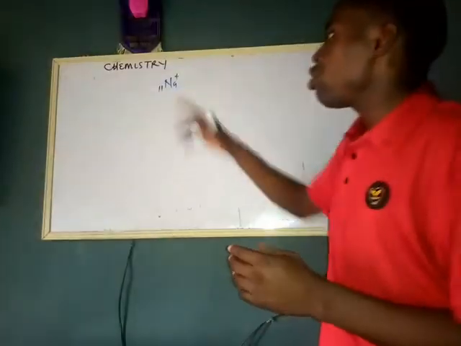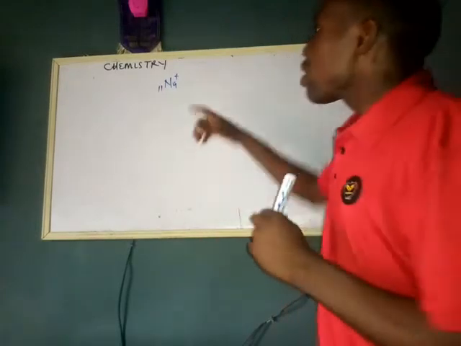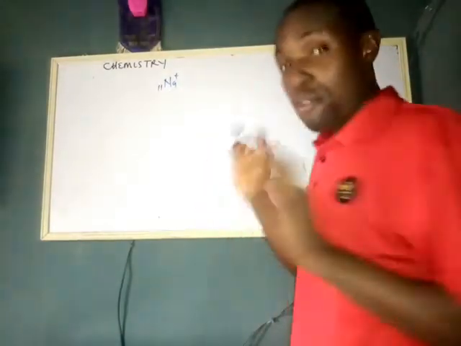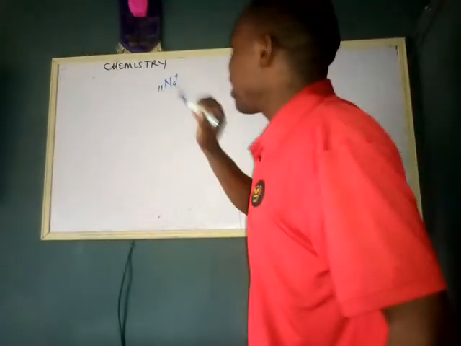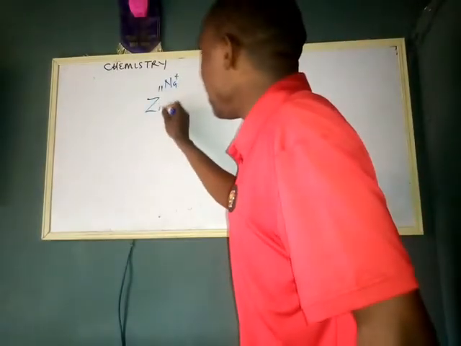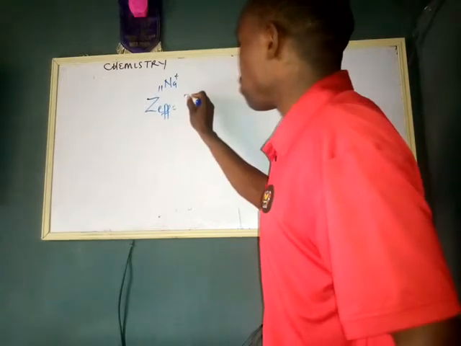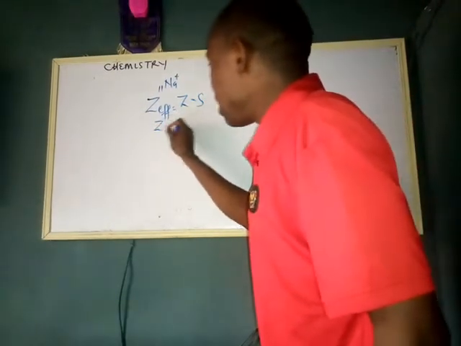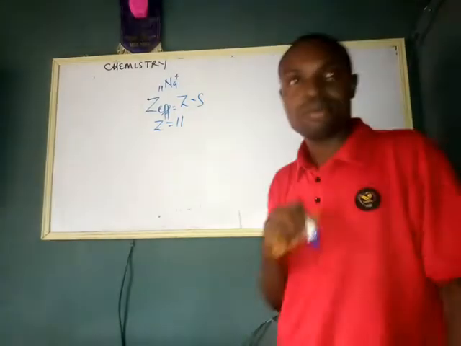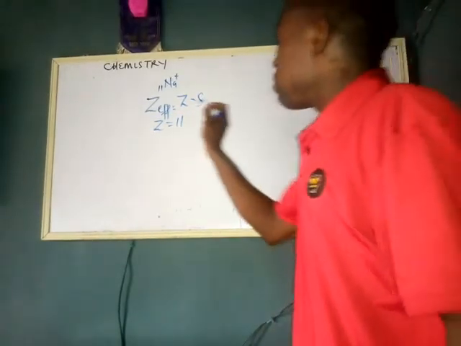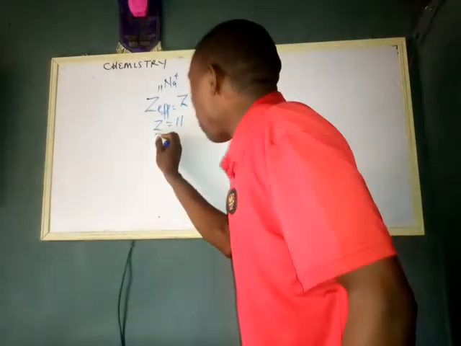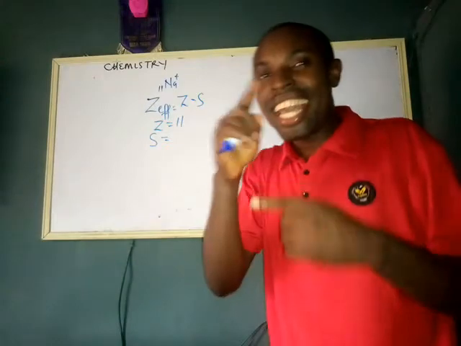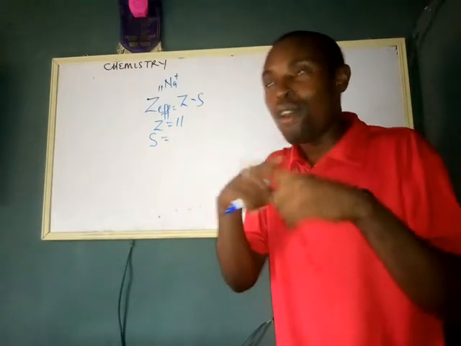Next one on our list is sodium ion. Now, listen. For sodium ion, having atomic number of 11, follow. Now, the formula, which is Zeff, is equal to Z minus X. Z here, which is the atomic number, is 11. Now, to be able to get X, again you write the electronic configuration for sodium ion.